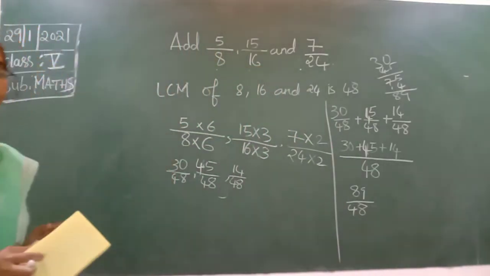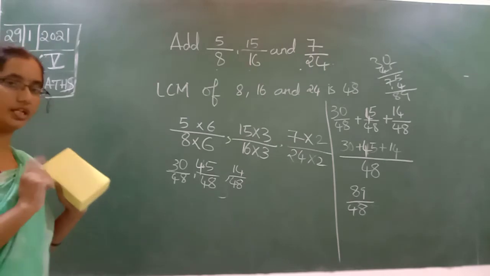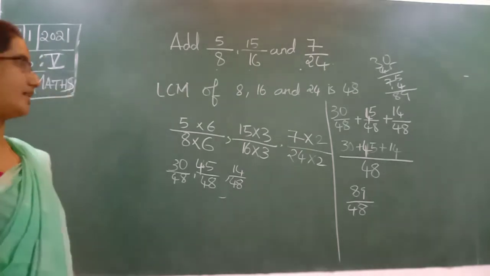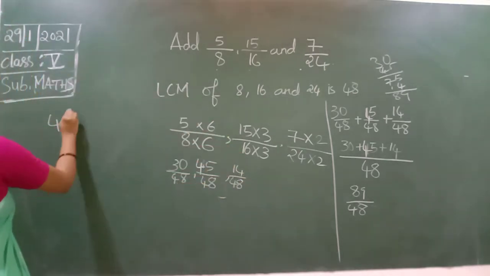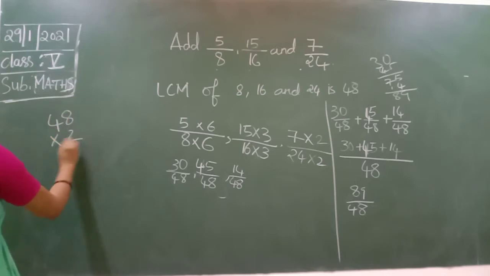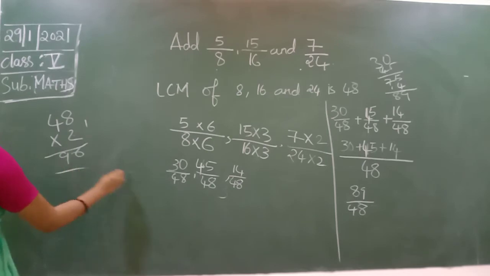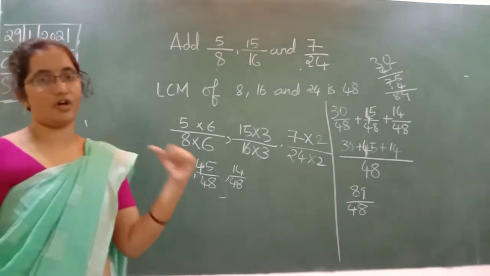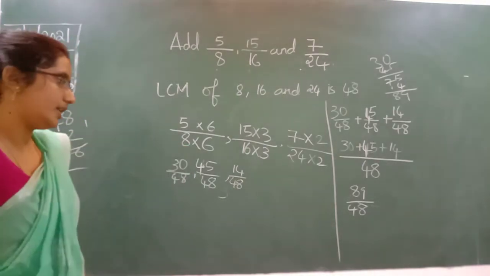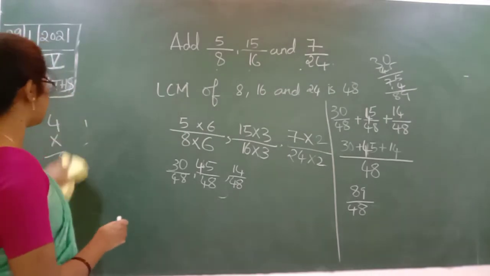But it is an improper fraction. We have to convert it into a proper fraction. 48 2s are 96, but 89 is before 96.